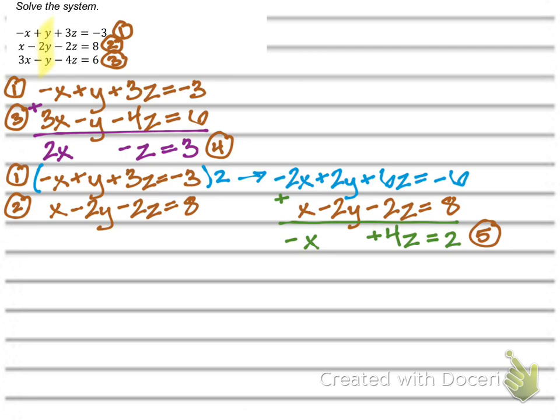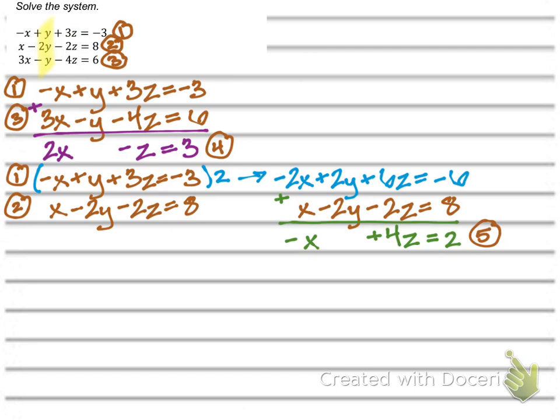So we decided we were going to get rid of y. We could have chosen any variable, okay? I picked 2 equations to use to get rid of y. That's equation 4. Then I picked 2 more, just not the same 2, right? To get rid of the same variable, y, and that result is equation 5. So now what you have is 2 equations and 2 variables, right?